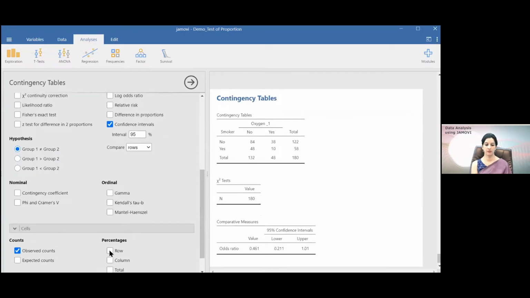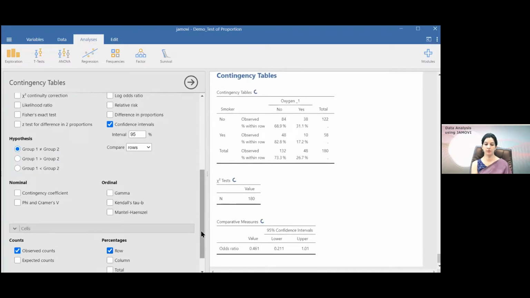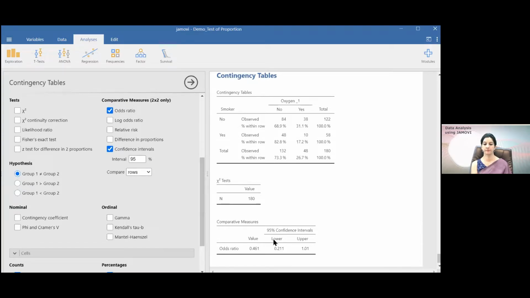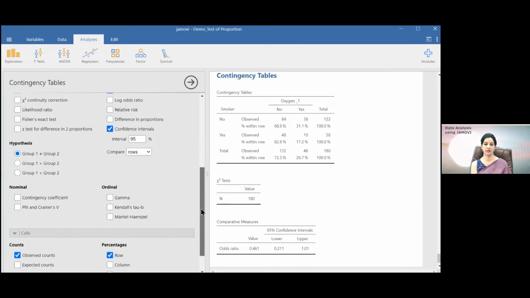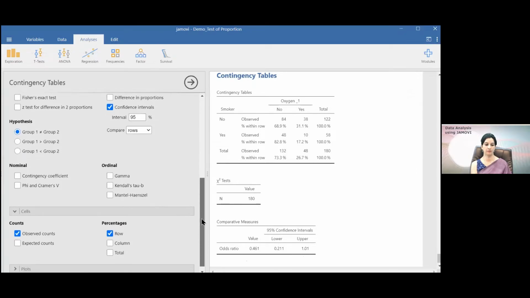You can click this row-wise percentages also, because in 2x2 table, you have to make the row-wise percentages. So here you can see the risk is 0.461. And just before you see the risk, you have to see whether it is significant or not. But since it is crossing 1, it is not significant. This odds ratio with its 95% confidence interval.